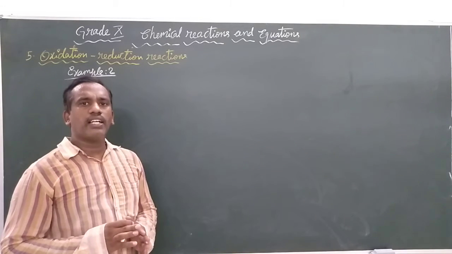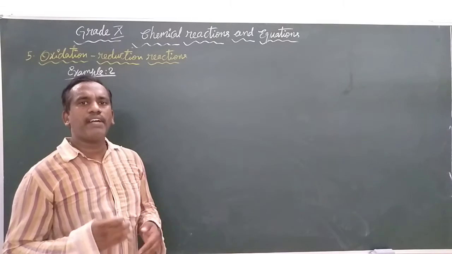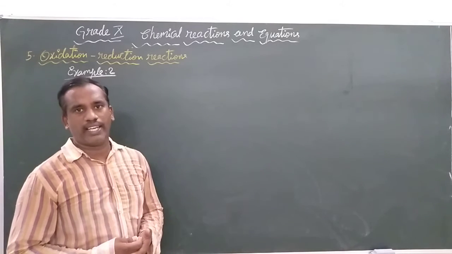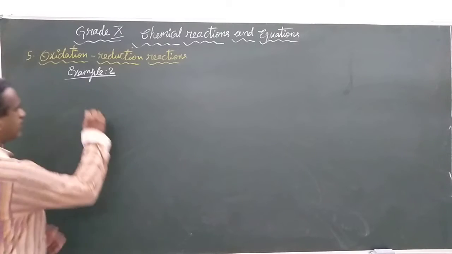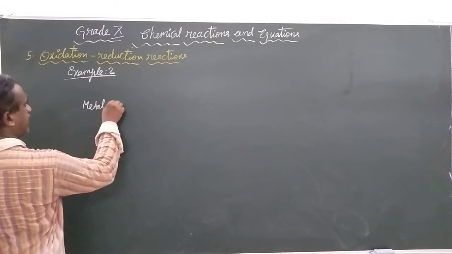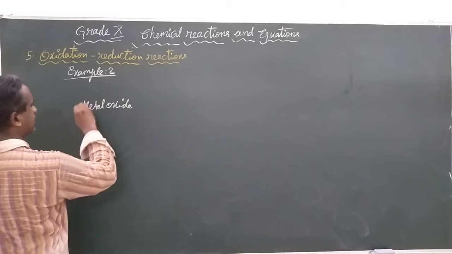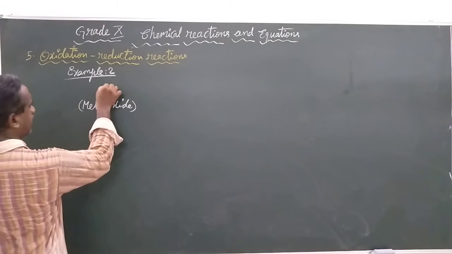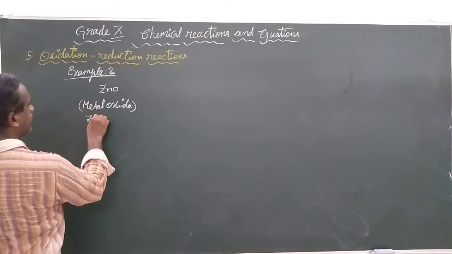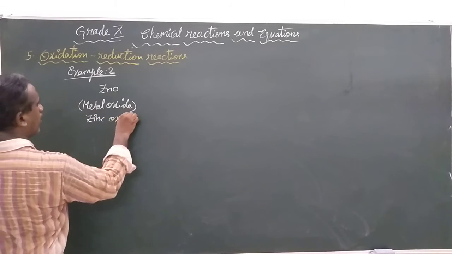In nature, it is combined with oxygen and occurs as zinc oxide, the metal oxide of zinc. In nature itself, it exists in the metal oxide state, zinc oxide.